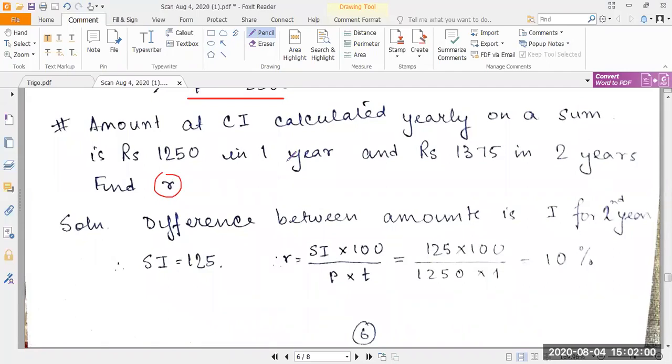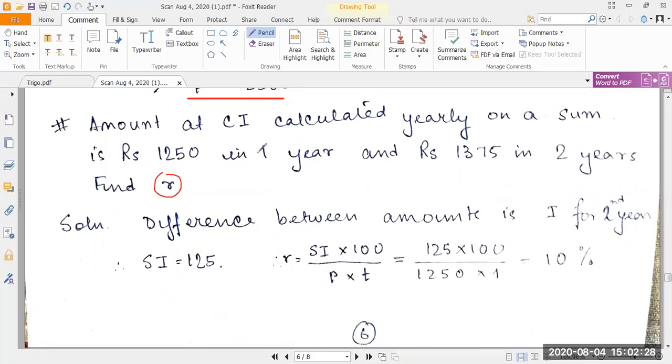So the calculations of simple interest and amount follow the same pattern. But in case of compound interest, since the amount and the principal change every time, there are certain complications that arise when calculating the magnitude of the interest specifically. So this sum essentially exploits that part of the concept of compound interest.